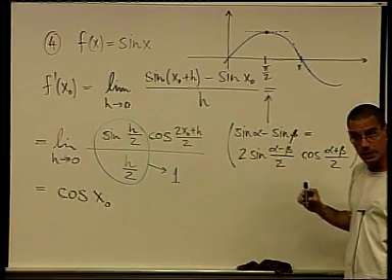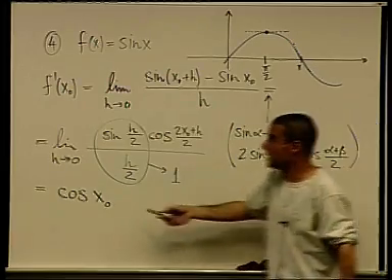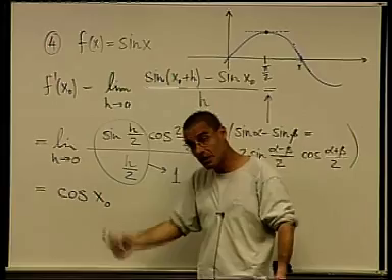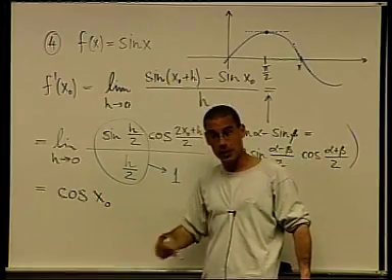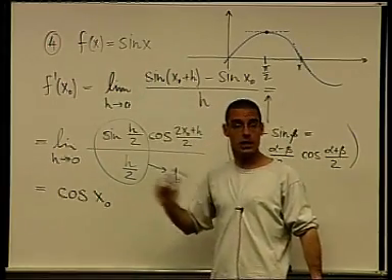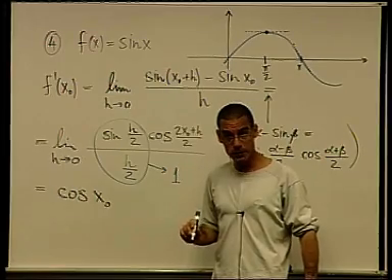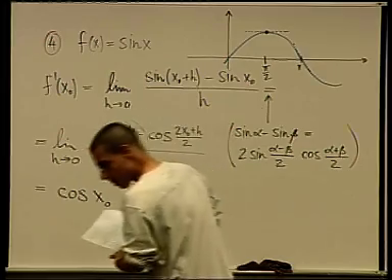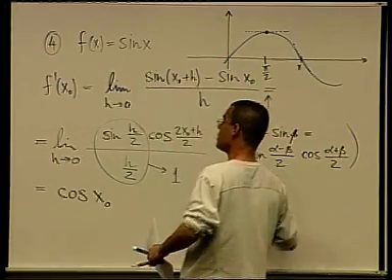Do you agree? So that's what it means when we say that the derivative of sine is cosine. The slope of the tangent line at any point to the function sine is precisely cosine at that point. Good? Okay. Good.